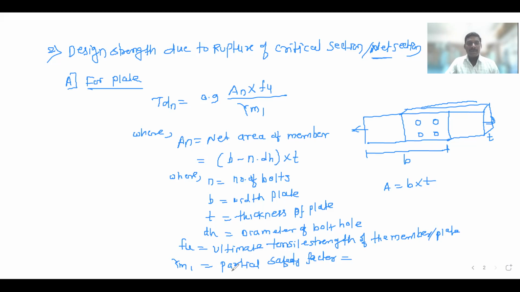The partial safety factor value is 1.25, given in the table in unit number 1 that we have seen for partial safety factor. In that, the gamma_m1 value is given. So gamma_m0 value is 1.1 and gamma_m1 value is 1.25. Got it? Everyone, this step got it?